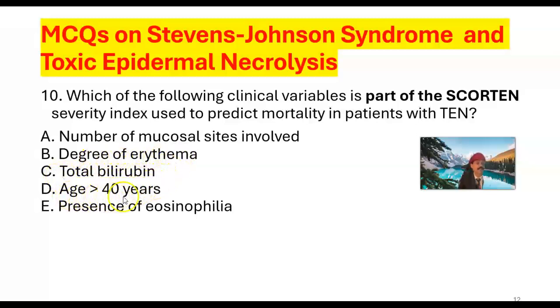D. Age more than 40 years. E. Presence of eosinophilia. So, which of the following clinical variables is part of SCORTEN severity index used to predict mortality in patients with TEN, that is toxic epidermal necrolysis?